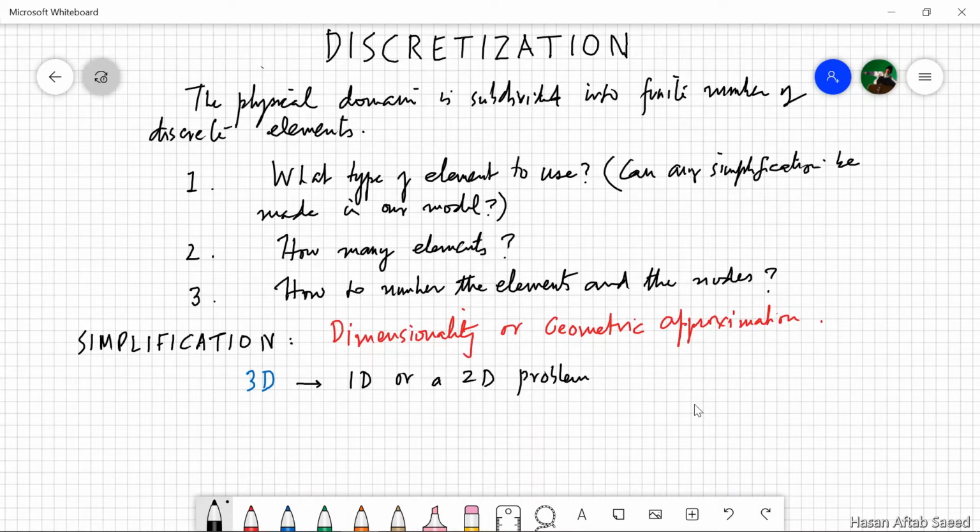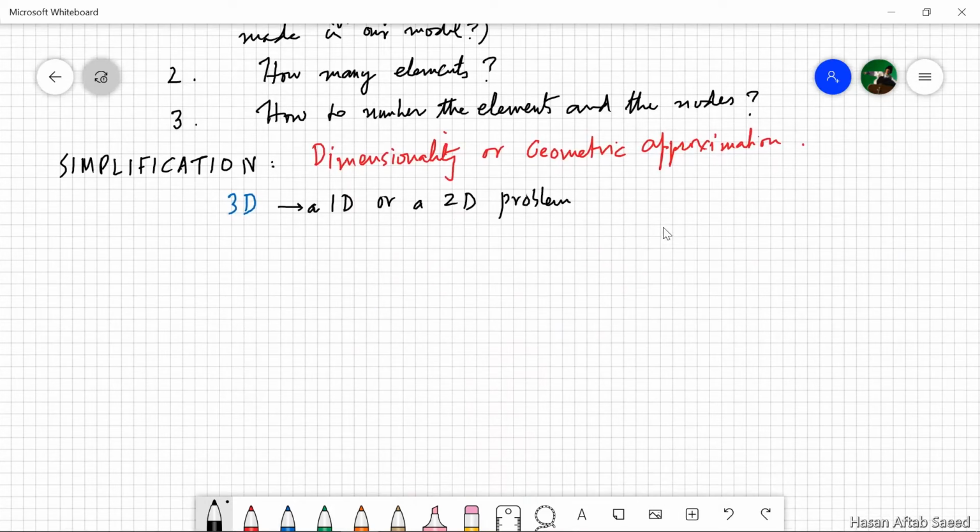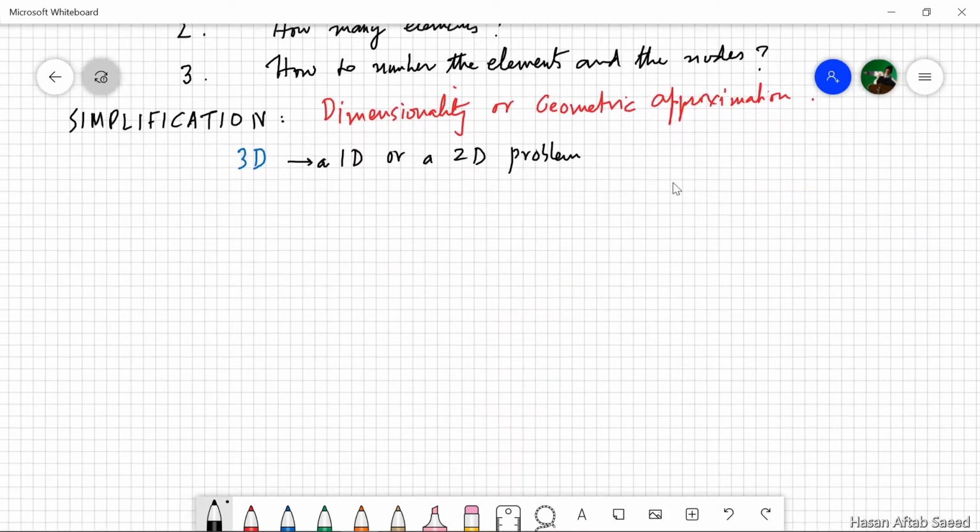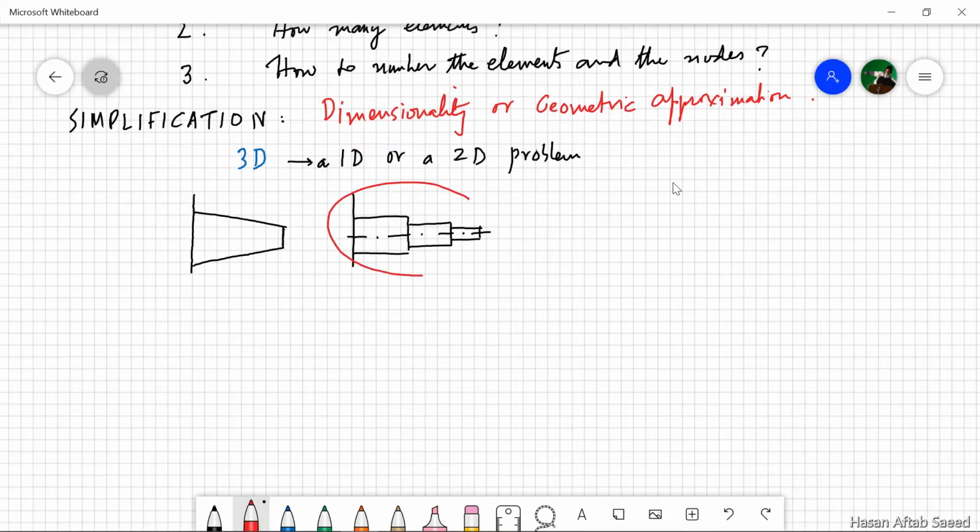Now, this is not new for you. You have already done a problem in which we converted a problem to a 1D problem. If this is the problem that we want to do, like we did last time, then it is subjected to some force here.